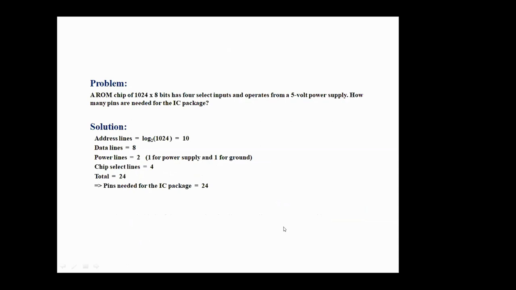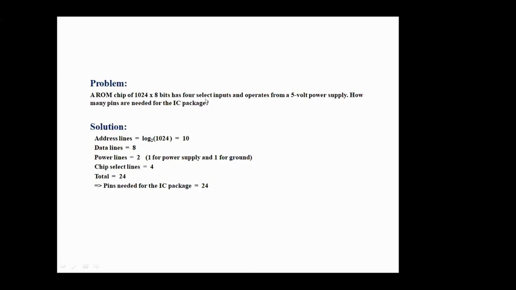Let us take up another problem. It says a ROM chip is of 1024 into 8 bits. So there is only one ROM chip and it is of this size. And this ROM chip has 4 select inputs.